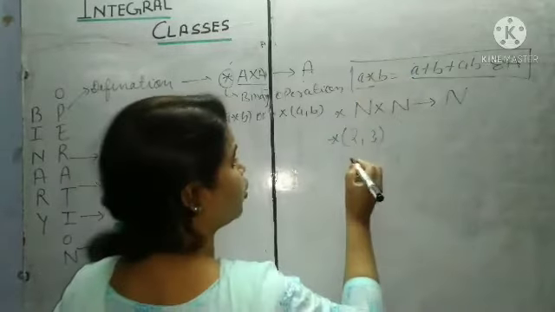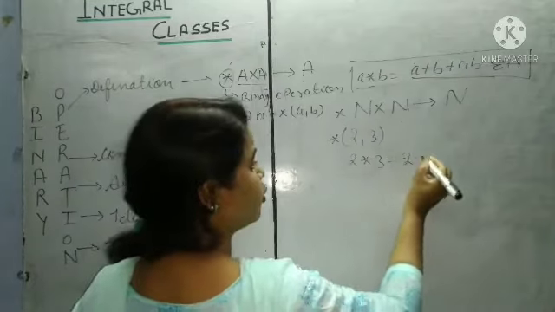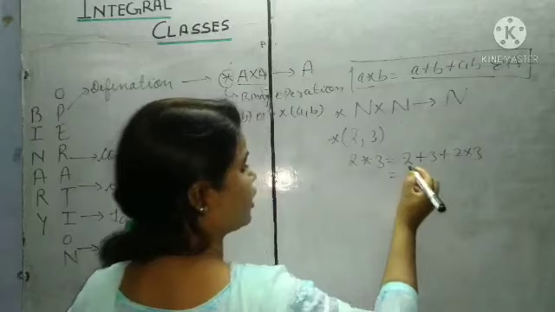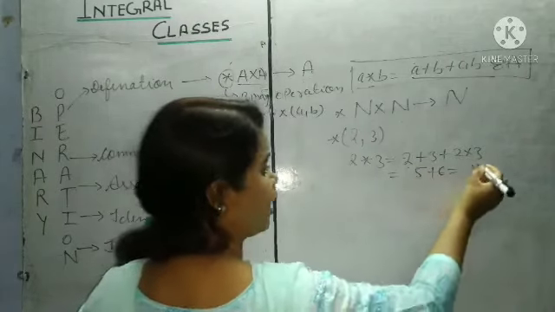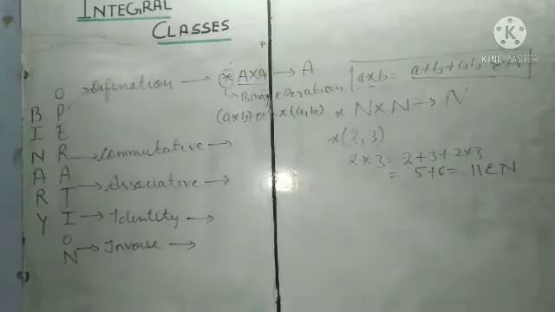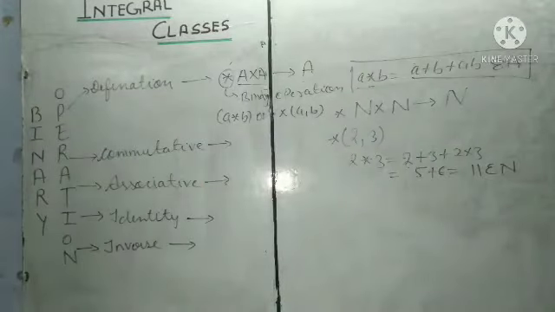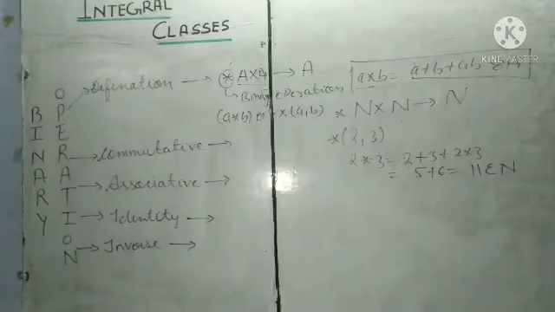So 2 star 3 is 2 plus 3 plus 2 into 3. So we will get 2 plus 3, 5, plus 6, 11. And 11 also belongs to the natural numbers. So this kind of function is called binary operation.